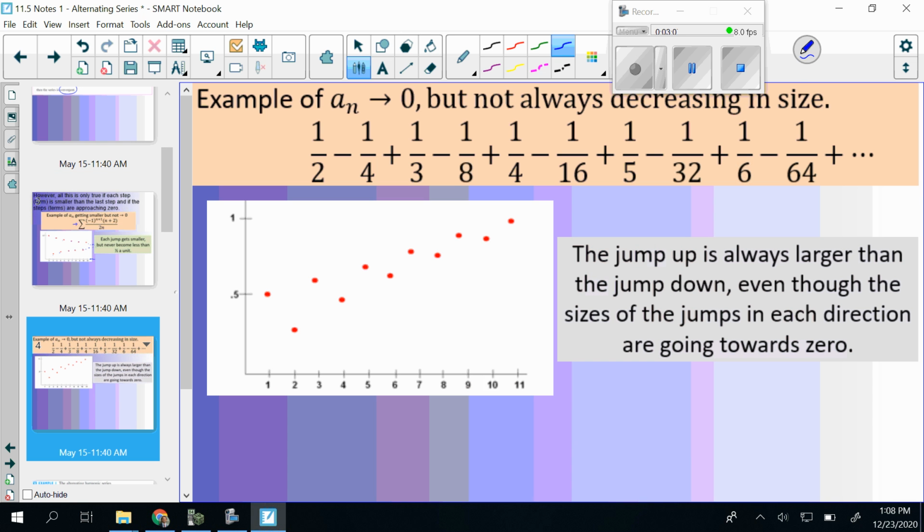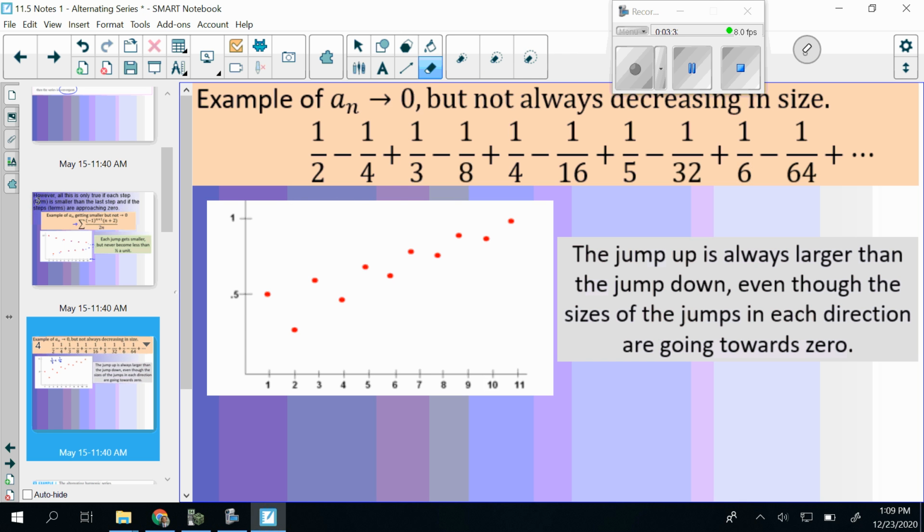Another example, this one: the limit of this series would go to 0. But it's not going to work, because if you look, the term after it's not always smaller than the one before it. Like here, if we compare a half and a fourth, a fourth is less than a half like we want.